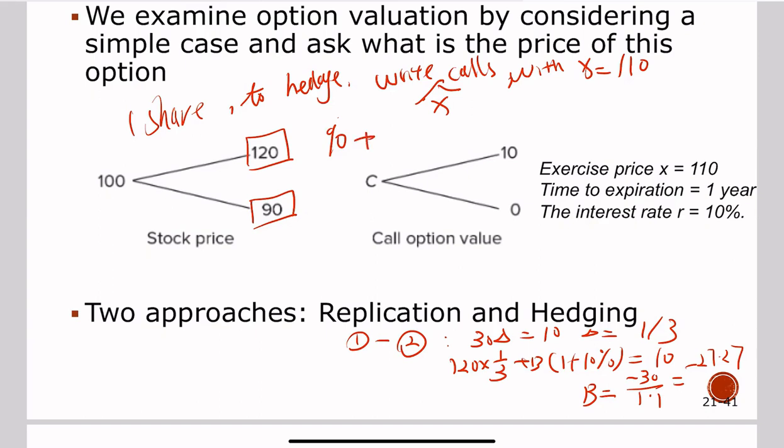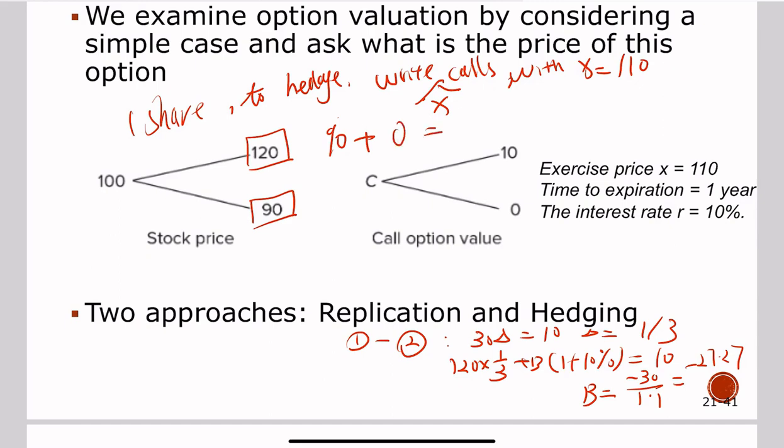Now, what is the value of your call options? Well, if the stock price is 90, it's below the exercise price of 110. So the option buyer will not exercise the call. The call will just expire worthless. So this implies the short position in call options will give you a value of 0.